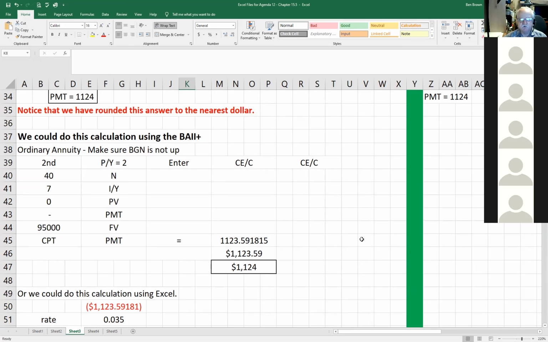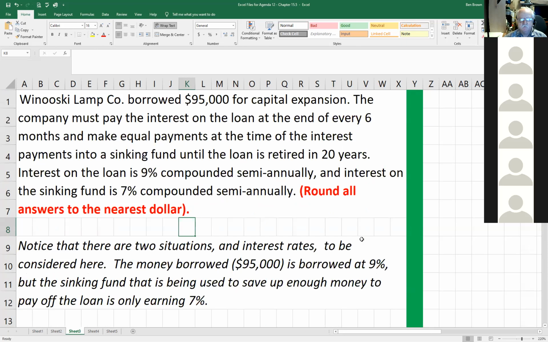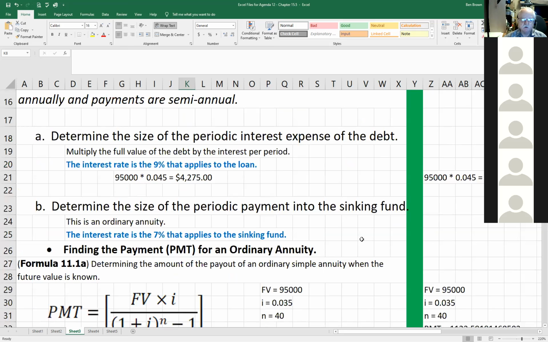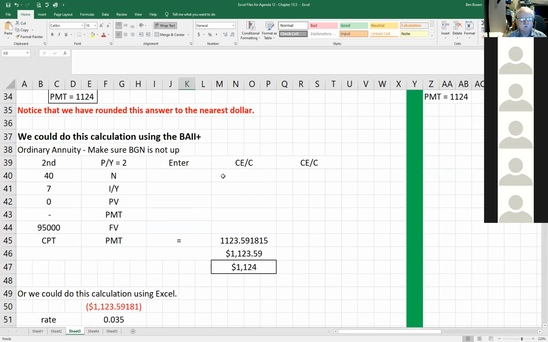Where did the 40 come from? 20 years, twice a year, 40 makes sense. 7%, 0 present value, we don't know the payment, $95,000 for the future value. We come up with the payment and we round it to the closest dollar, 1,124.